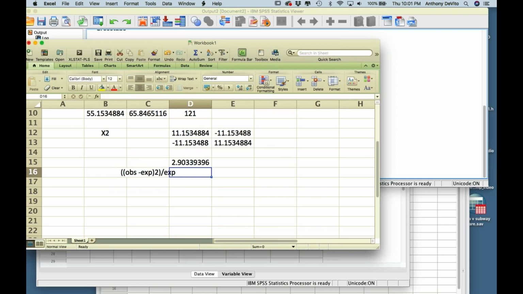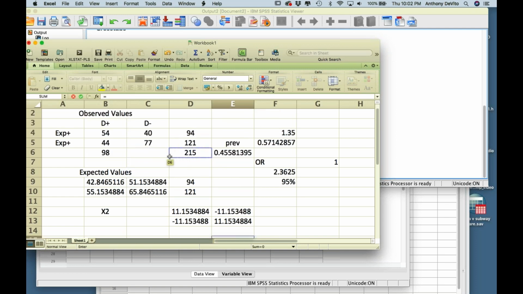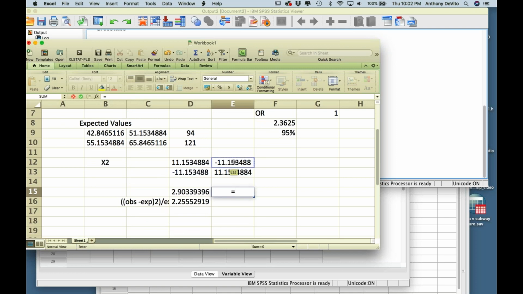So it's going to be equal to 2.9. This cell down here is going to be equal to the observed minus expected value squared, though it's going to be a positive number now, divided by the expected value, which is 55. And this number is going to be equal to the observed value minus the expected value, times itself, divided by the expected value for that cell.